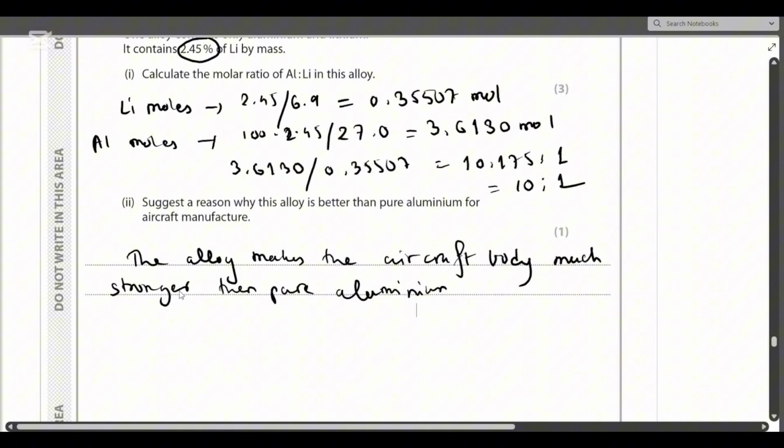So that would overall increase the strength of the aircraft body.